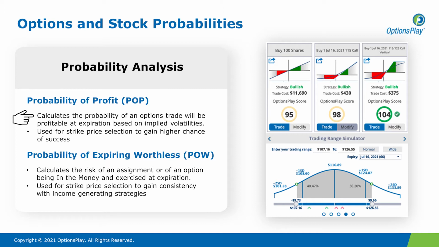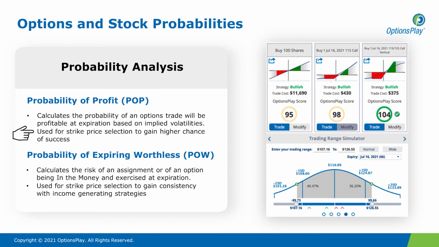This gives us insights into the potential risks and rewards of the option strategy that we're trading. It gives us a sense for the potential best case scenario and the potential worst case scenario, and being able to weight that risk to reward ratio by its probabilities is key in understanding the potential outcomes of a strategy, and really helps us optimize around the best practices for selecting strike prices.